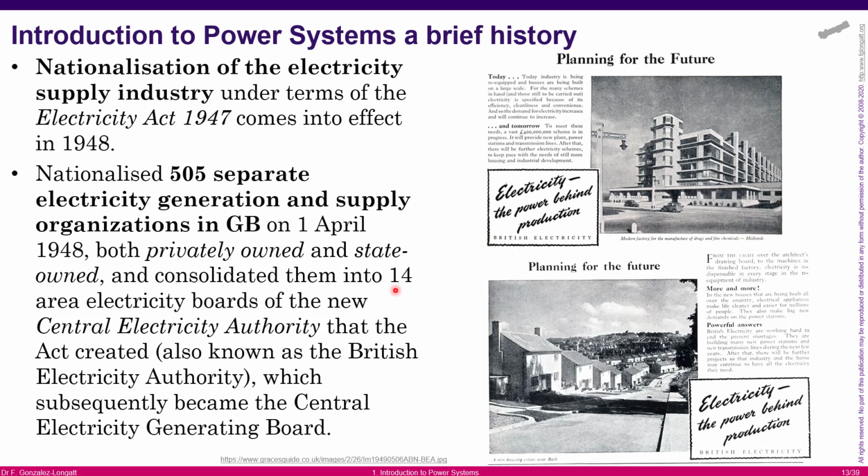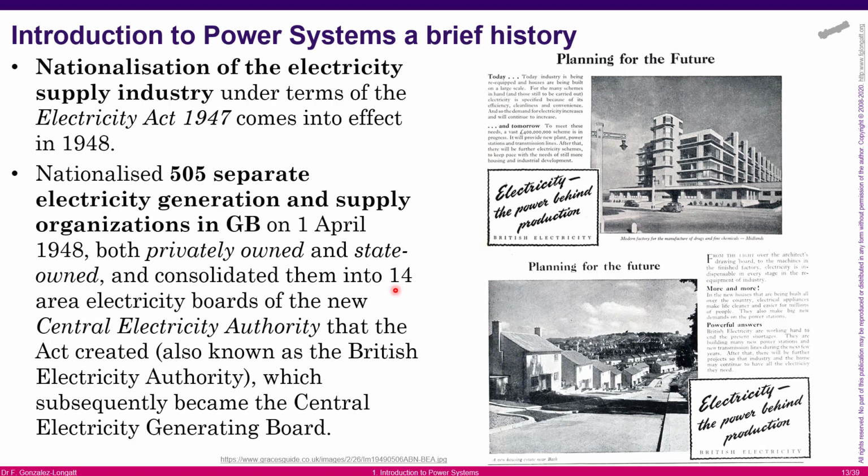The nationalization of the electricity supply in the GB system started to become legal in 1947. The Electricity Act of 1947 came into effect in 1948, and the idea was to combine 405 different electricity generation and supply organizations in the GB system and put the government in charge of them.